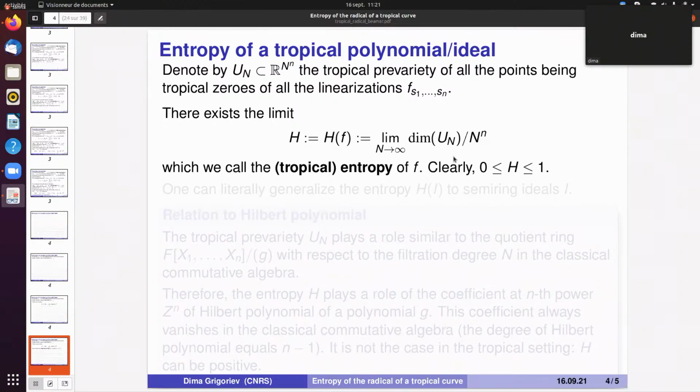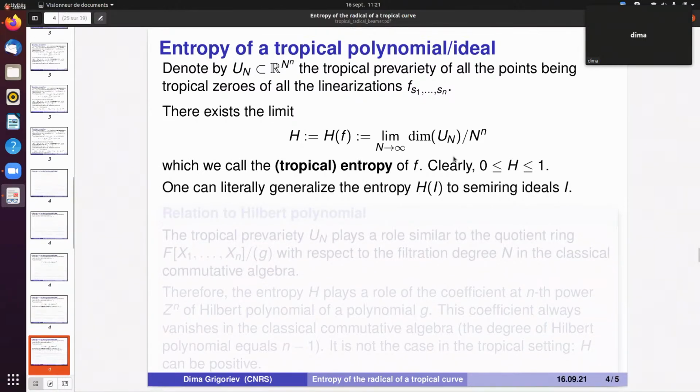But here we don't know it yet, but at least we are looking at the asymptotic behavior.